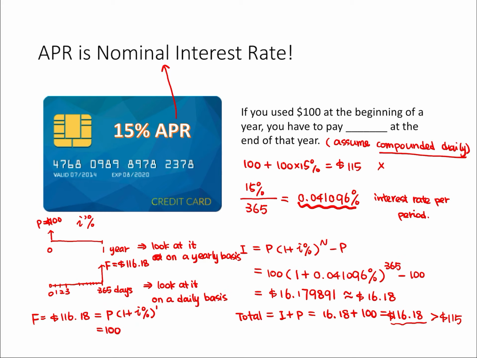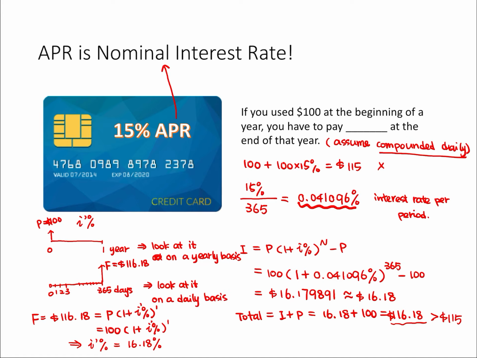That's the formula. And you have 100 and 1 plus i%, that's i% prime. So now if you calculate your i%, that's gonna be 16.18%. And this 16.18% is your effective annual interest rate for this nominal interest rate, 15% compounded daily.